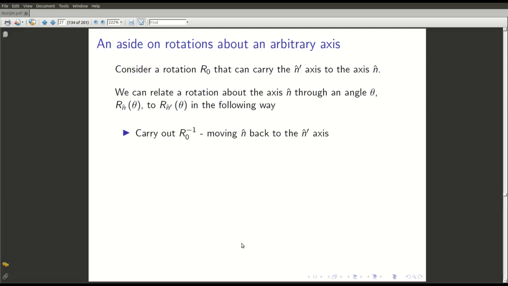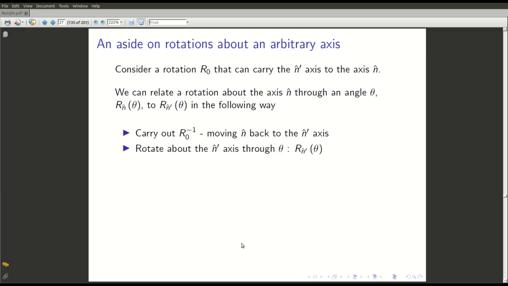Well, we do this in 3 steps. We first carry out R0 inverse, which moves n hat back to the n hat prime axis. Remember, R0 moved n hat prime to n hat, R0 inverse moves n hat back to n hat prime. Then we rotate about n hat prime through an angle theta, which is presumably a rotation which we already know. It could be that n hat prime is some simple axis like x or y or z.